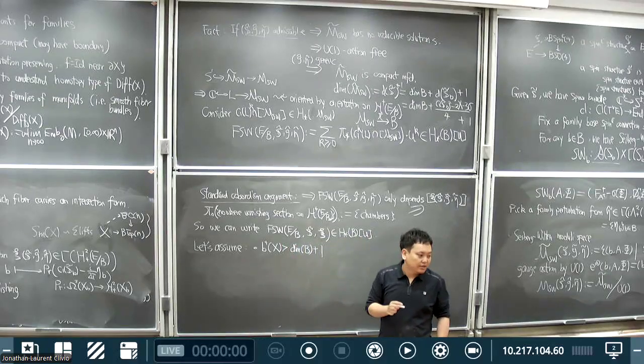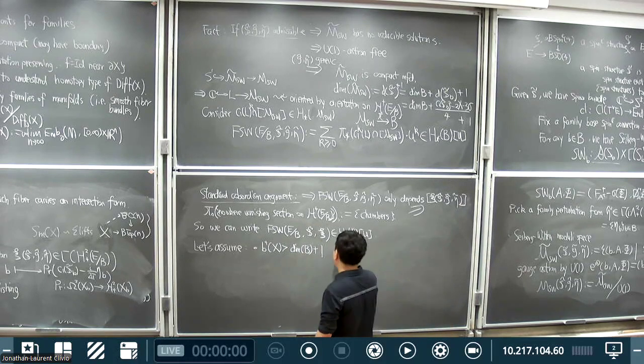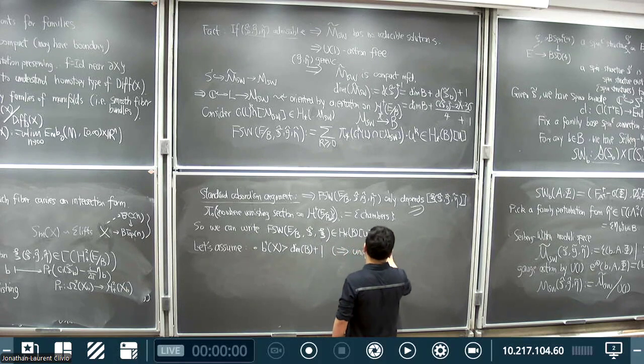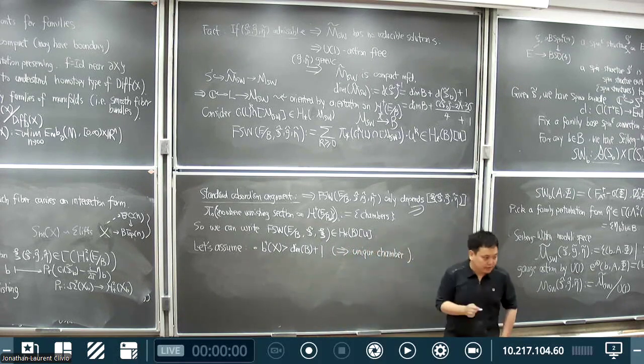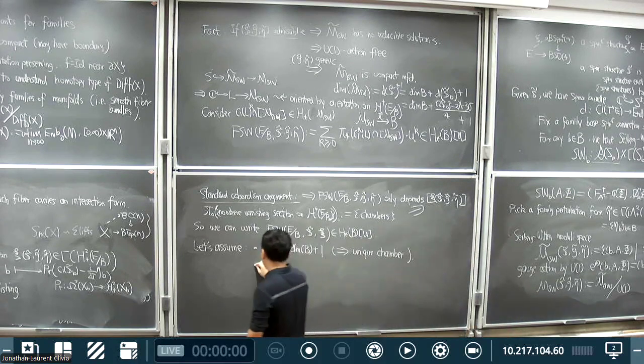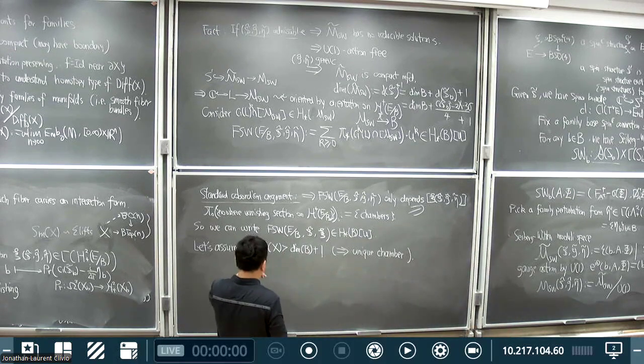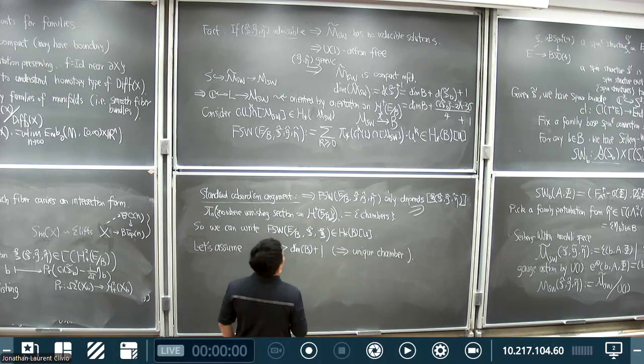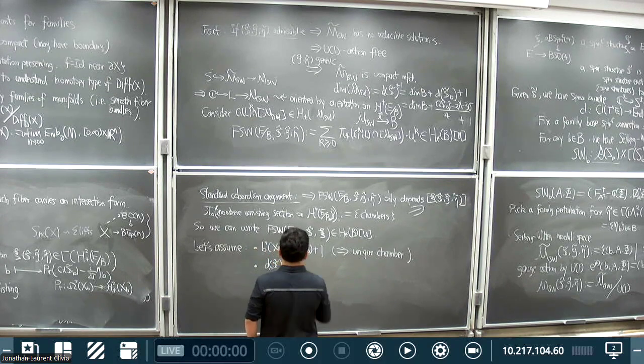Okay. So this tells us that there is a unique channel. And the second thing is I'm also going to assume the dimension of the moduli space equals 0.